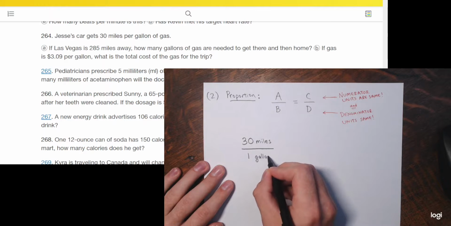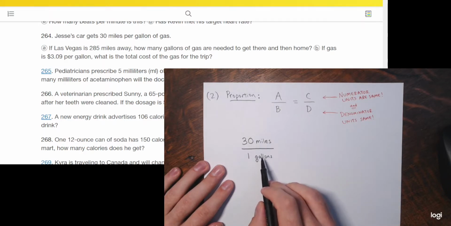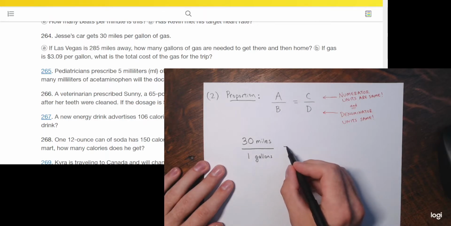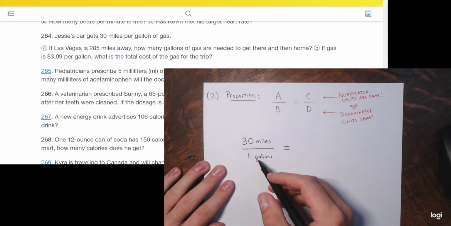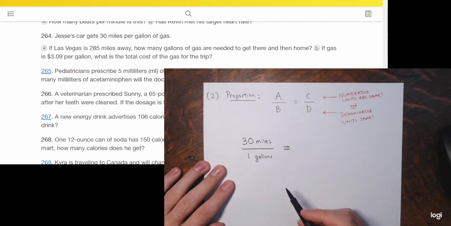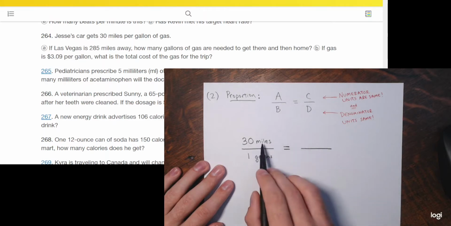So this is Jesse's car's gas mileage here, and it should stay the same no matter what kind of trip Jesse's taking in this car. So this ratio should be equal to the following. And I'm setting up another ratio on the other side where the numerator's in miles.